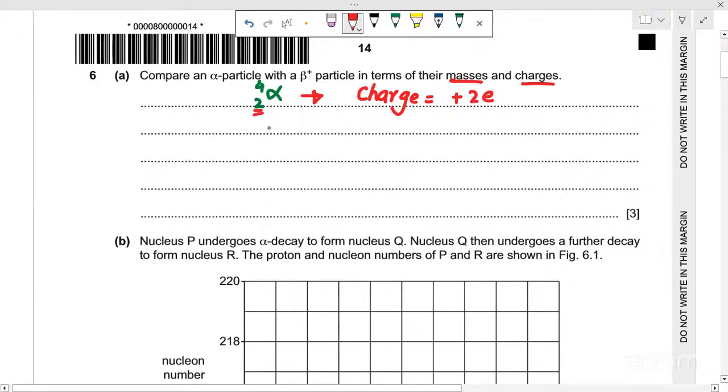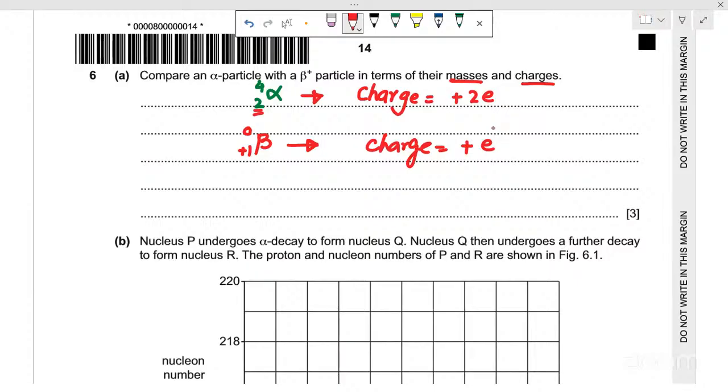And what is the charge on beta positive? If you compare beta positive, it has a charge of 1e and its nucleon number is 0. So the charge would be positive e. So if you write over here, you will say that the charge of alpha particle is 2e and the charge of beta positive is e. Both have positive charges, and the magnitude of the charge of alpha is twice the charge of beta positive.